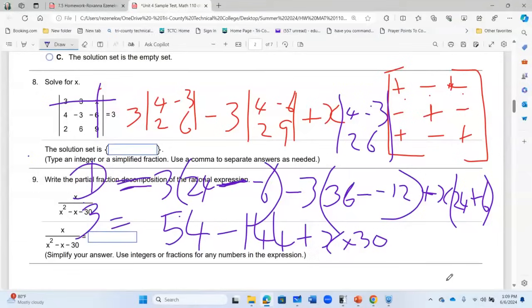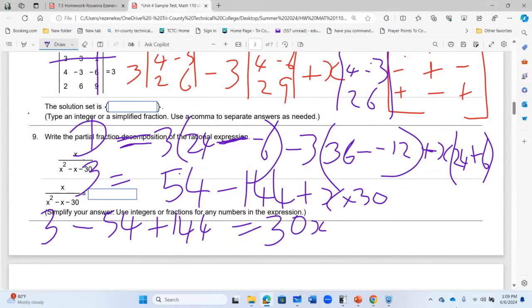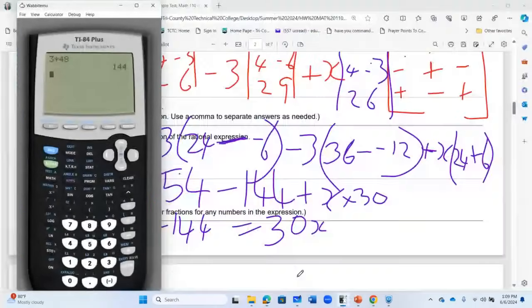Then I'm going to collect like terms together so I can simplify. I just put them into my calculator: 3 minus 54 plus 144 is equal to 30x. Solve for x. So I'll put all these things together.